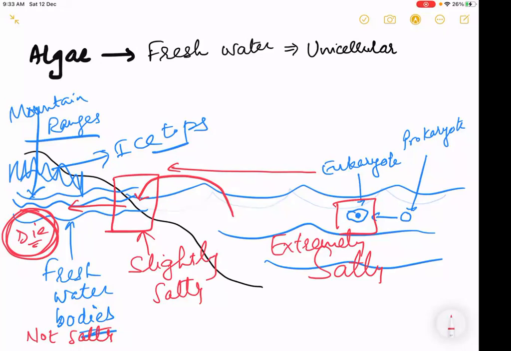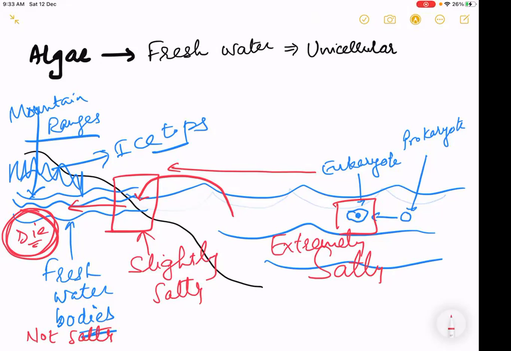So what is that dash according to you? Which organelle they have evolved in order to synthesize the food? Chloroplast. Very good. Good answer.